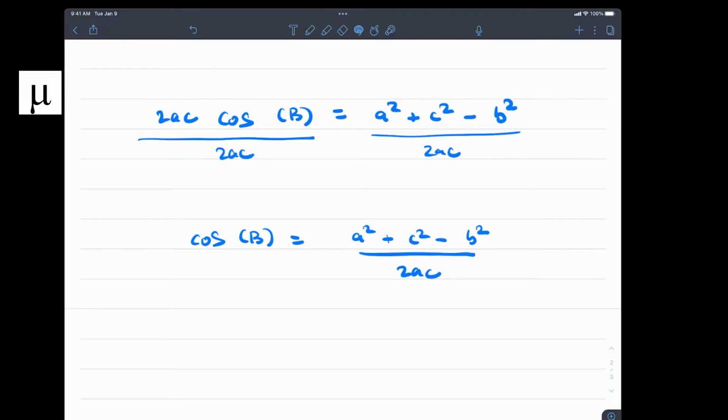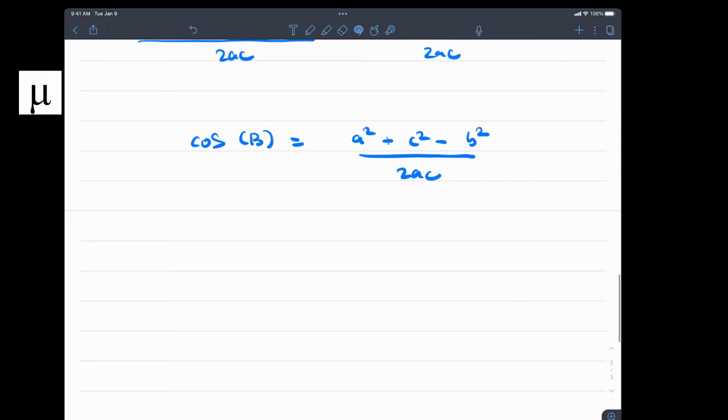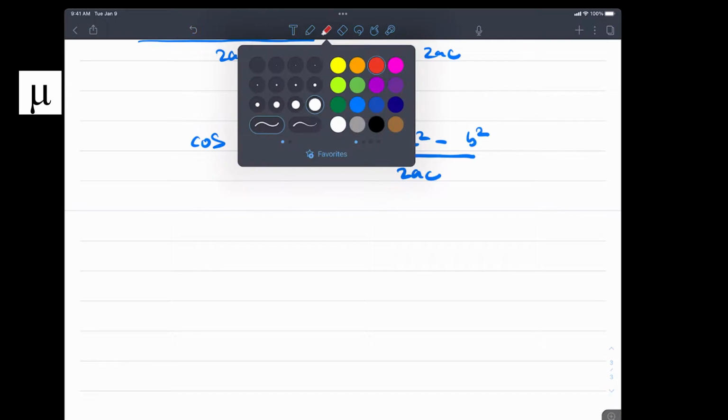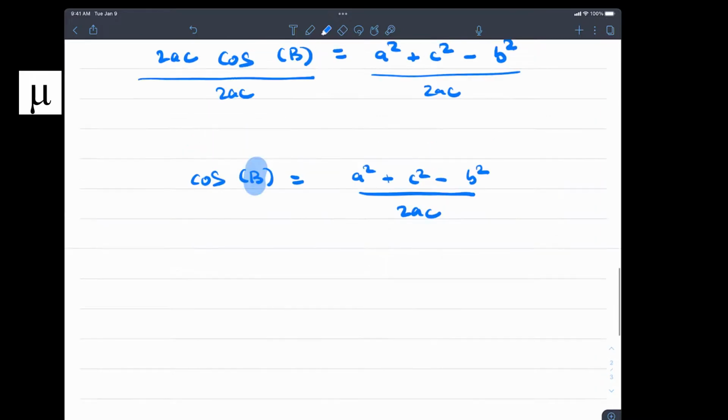You okay with that? Okay, so this is cosine B now. We're going to find that angle B. So all you got to do is plug in the values.